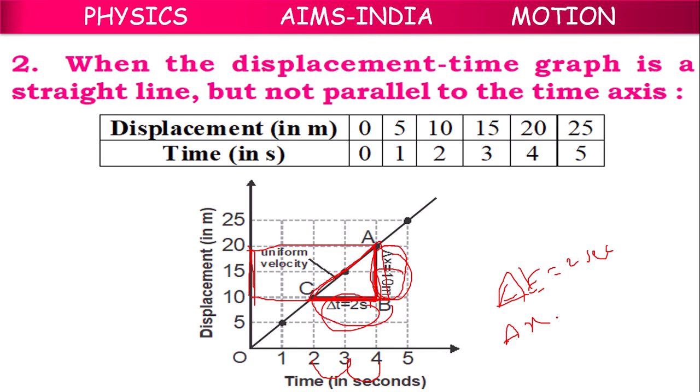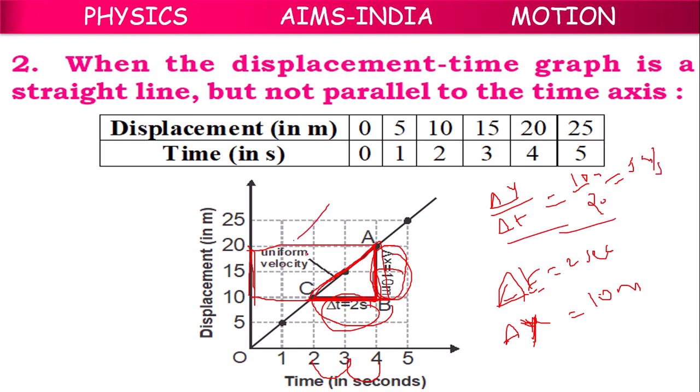Change means delta. If displacement is on the y-axis, delta y equals 10 meters. If we take the ratio delta y by delta t, the measurement of displacement by the measurement of time, it gives 10 by 2, which is equal to 5 meters per second, the velocity of the body.